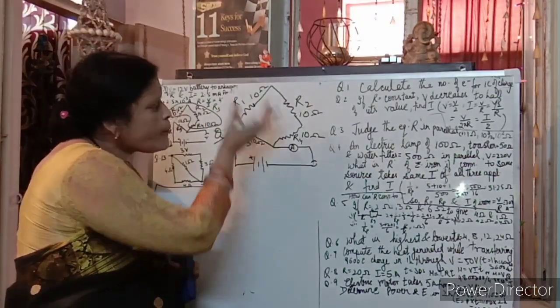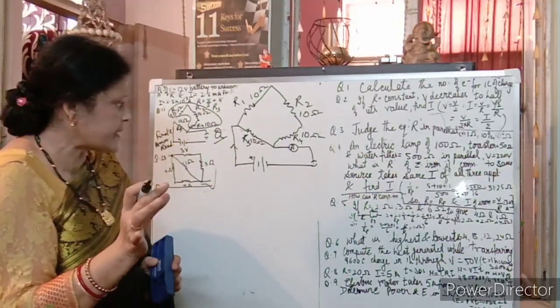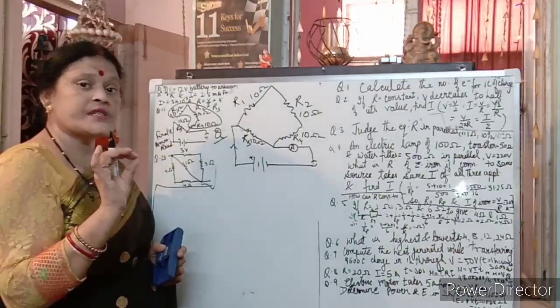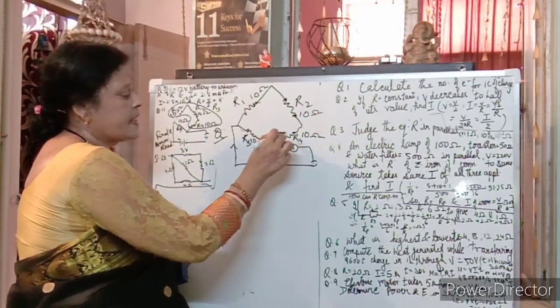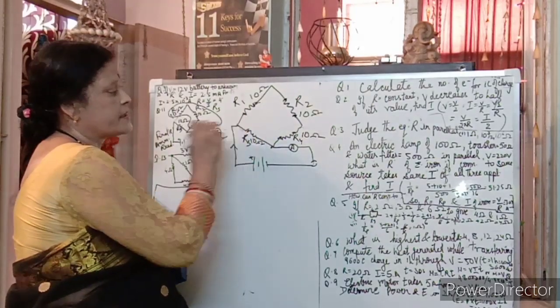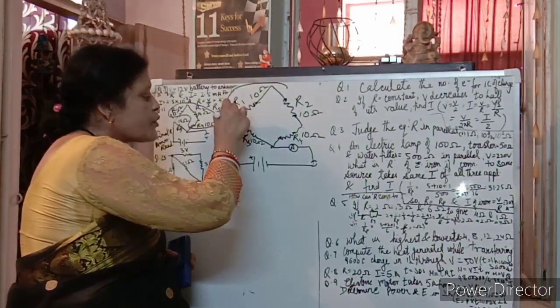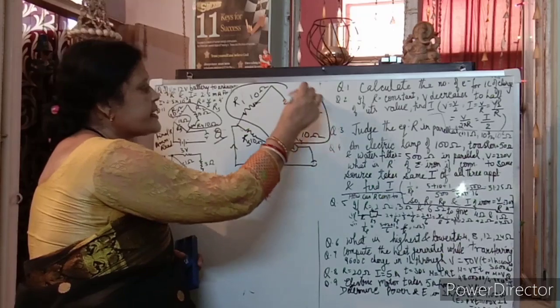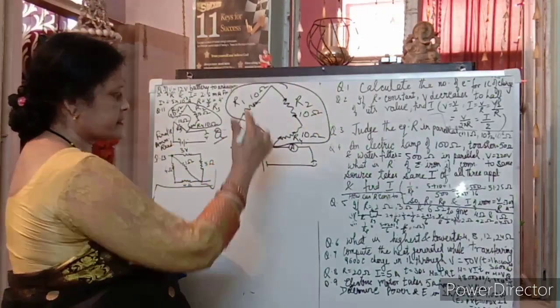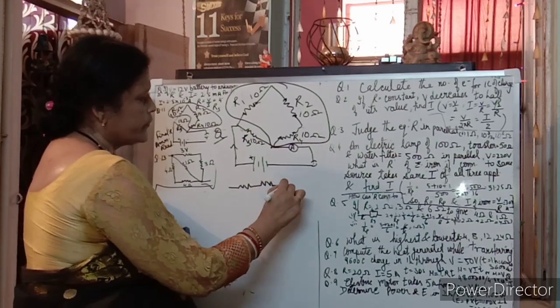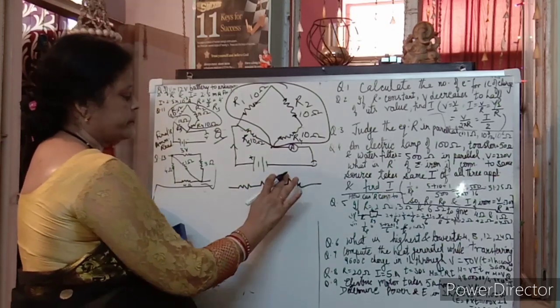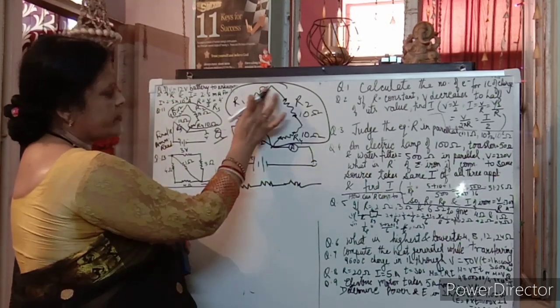First we have to open this circuit. Now I told you series are always connected end to end. That means this portion is in series. If I open this, what will be? 1, 2, 3. See, I have opened this wire.